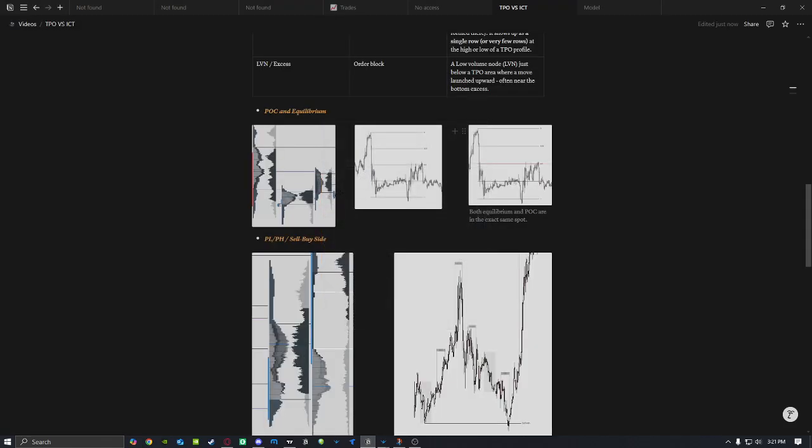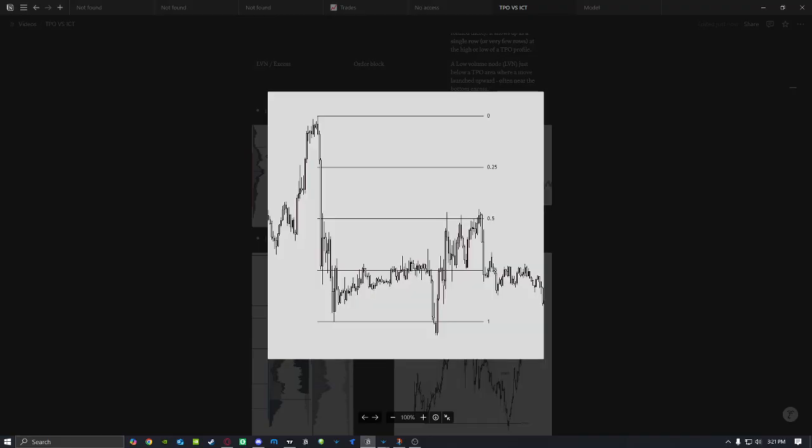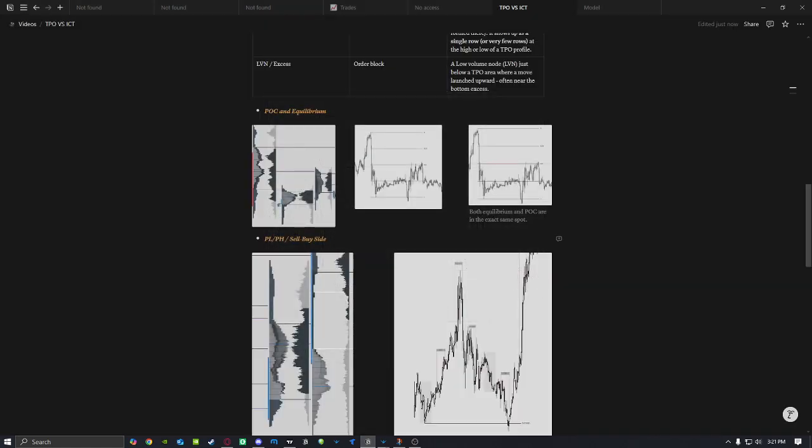This is a TPO chart, all right? And this is a bar chart or candlestick chart. So we have our big displacement down, right? So we grab our fib, and we try to go to equilibrium, which is right here. This is equilibrium.